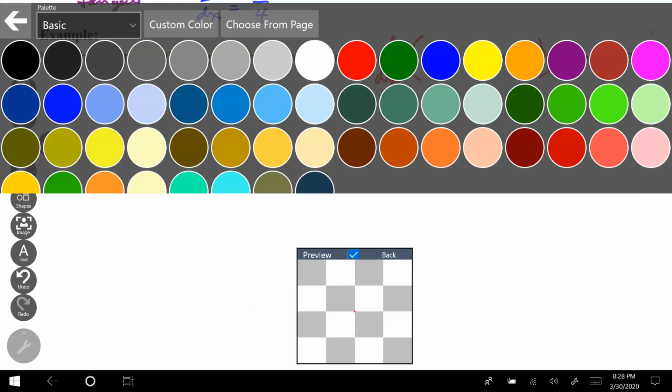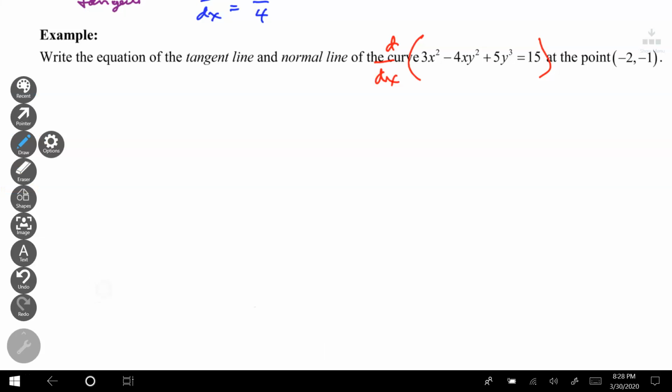But I've got to be careful here because there is a product rule. I'm going to do it off here to the side. This is not 4xy squared. This is -4x times y squared. So that derivative is -4, and this derivative is 2y dy over dx.